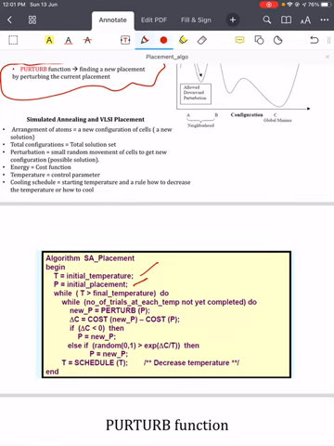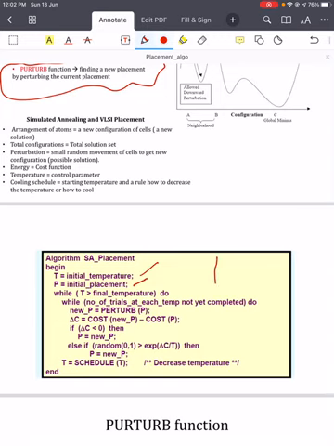Since it's a minimization problem, if delta C is less than 0, then obviously we have to accept the newly generated solution, so P will be equal to new P. Even if it is not a good solution, if delta C is greater than 0, there would still be some finite probability, although very small, of accepting that newly generated placement solution, in the hope that it will get out of the local minimum if it gets stuck at one.